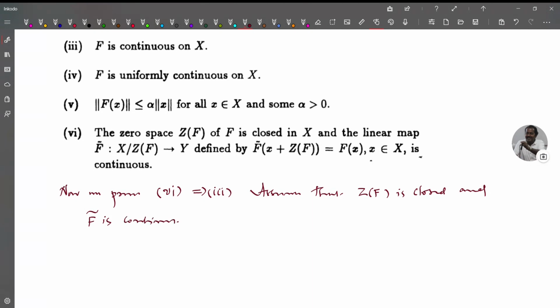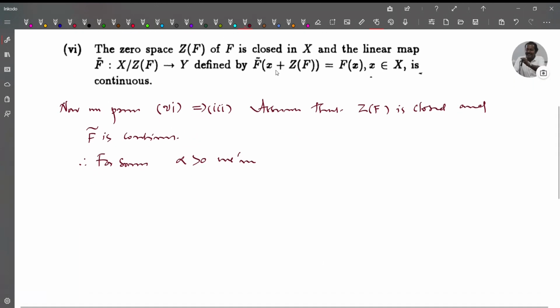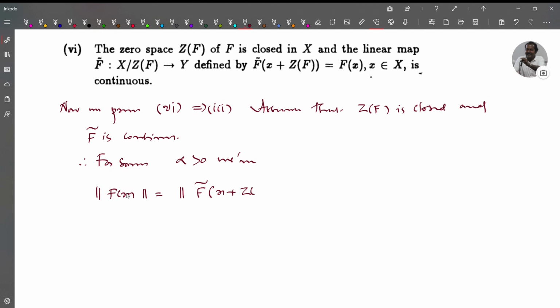Now f tilde is continuous means for some alpha greater than 0 we have, by the definition of f, norm of f of x equal to norm of f tilde of x plus the zero space of f, which is less than or equal to alpha times the quotient norm of x plus the zero space of f, since f tilde is continuous.